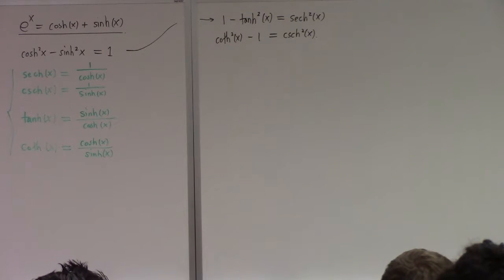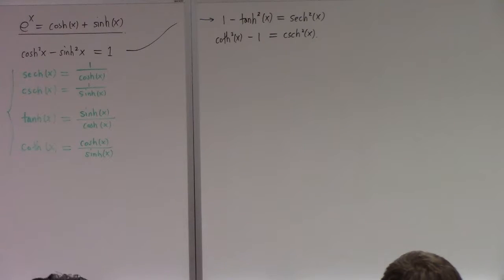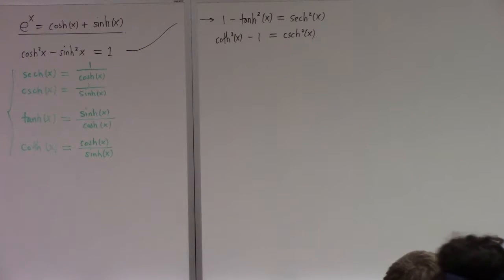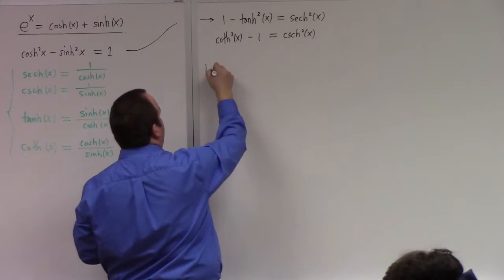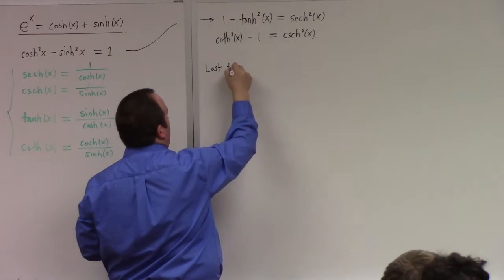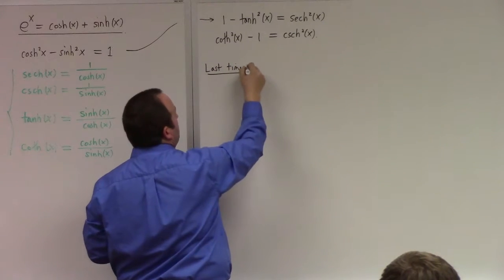Yesterday I told you about the identities for trigonometric functions, right? There are also identities for hyperbolic functions, much the same. We derived one of those last time, right? What did we derive?